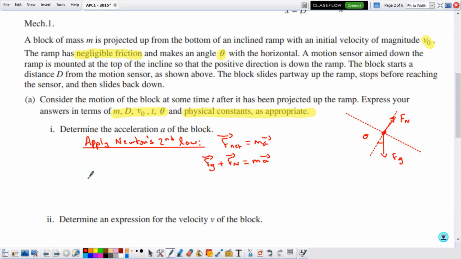Now let me say projection along the x-axis.